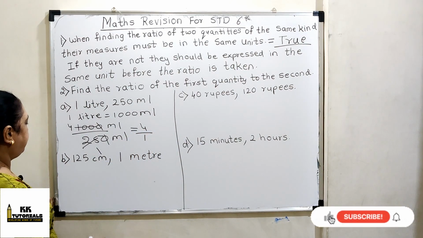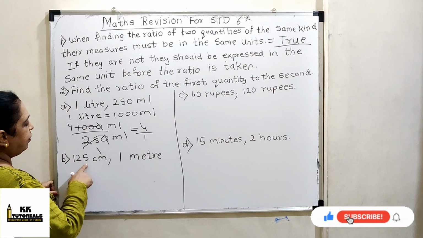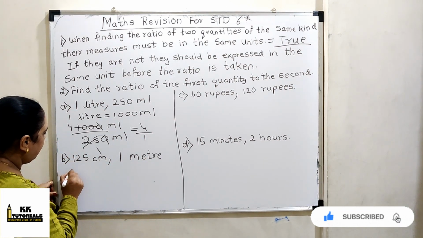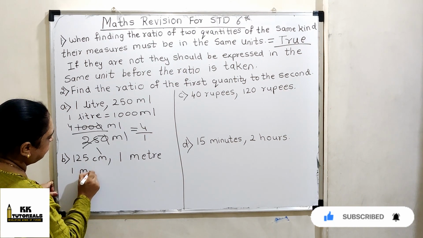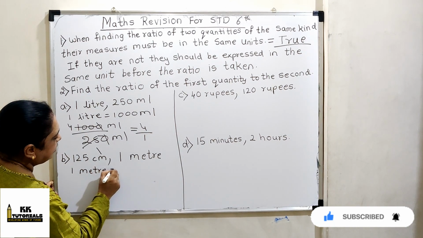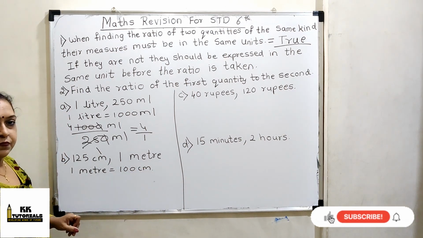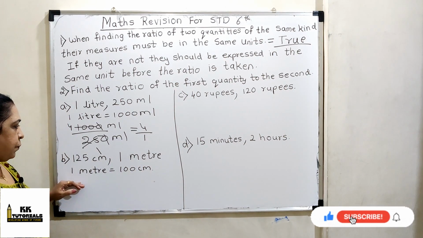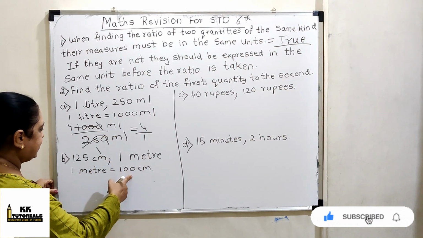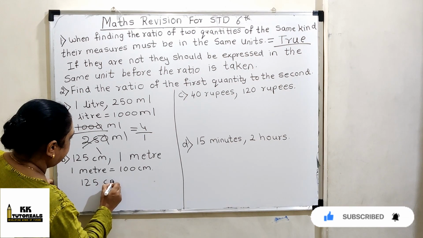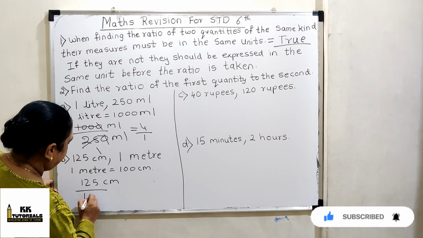Okay. Now, B, 125 centimeter and 1 meter. You know 1 meter is equal to 100 centimeter. Okay. Now, 1 meter is 100 centimeters. 125 centimeter upon 100.